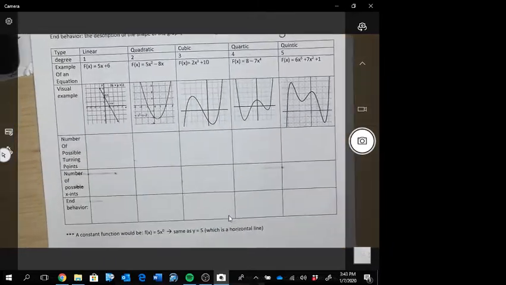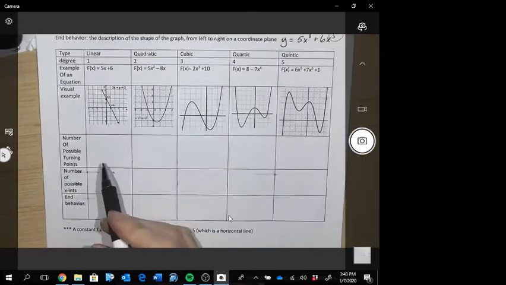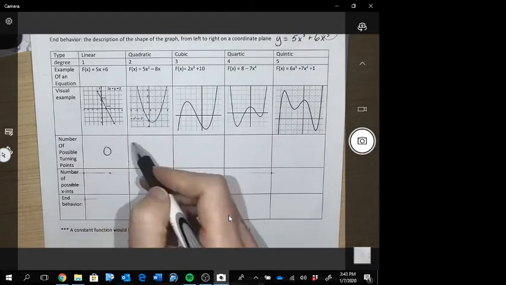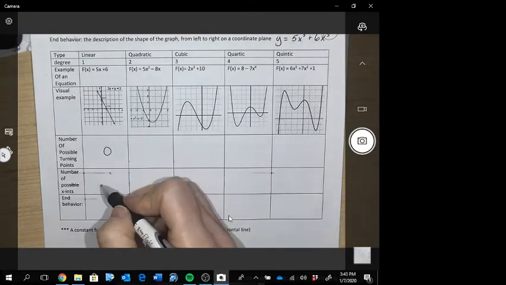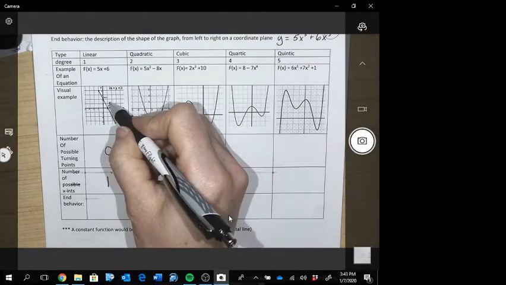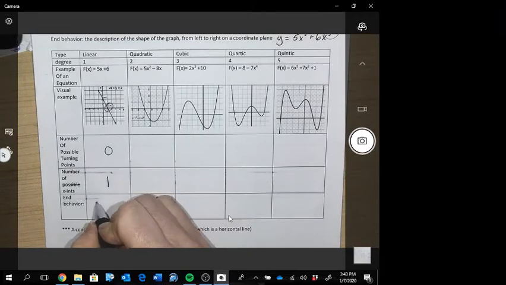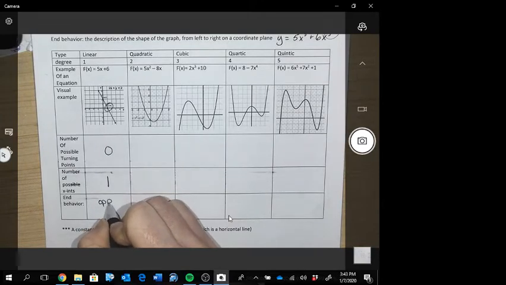Okay, now we'll look at some of the characteristics. So on a linear function, the number of turning points would be 0. It doesn't ever change direction. It would have one possible x-intercept, and its end behavior would go in opposite directions.